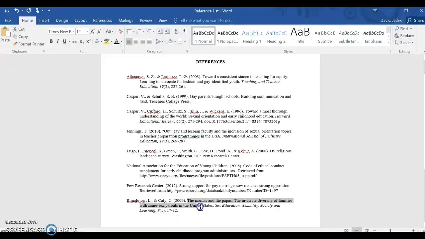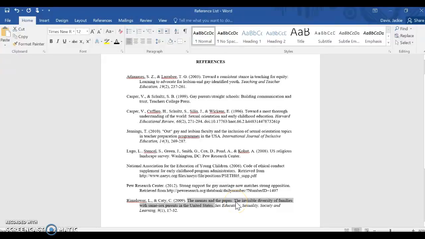For example, this very last article. The title of the article is The Mamas and the Papas, the Invisible Diversity of Families with Same-Sex Parents in the United States. The first letter of the title, the word "the," is capitalized, and then there's also a proper noun, United States, so you would capitalize the U and the S in United States. Other than that, the only time you would add a capital letter is the first word after a colon.